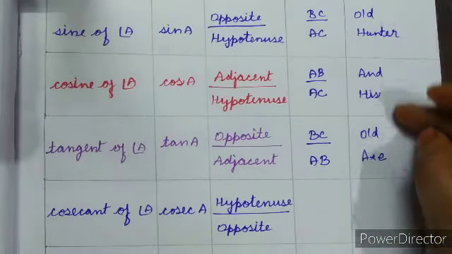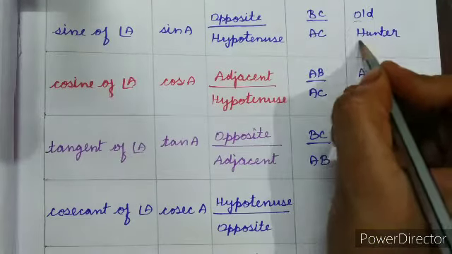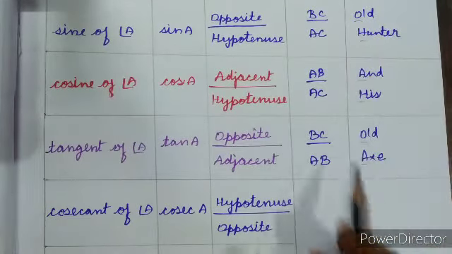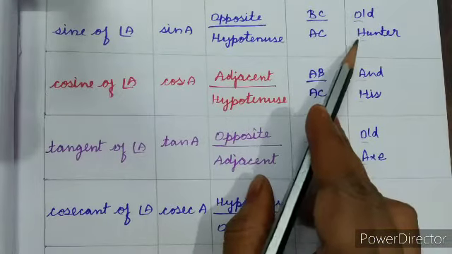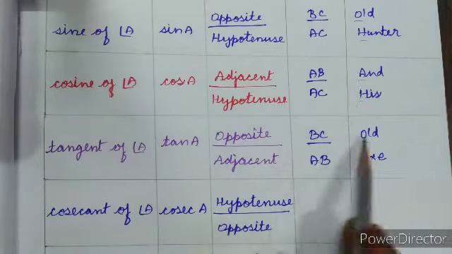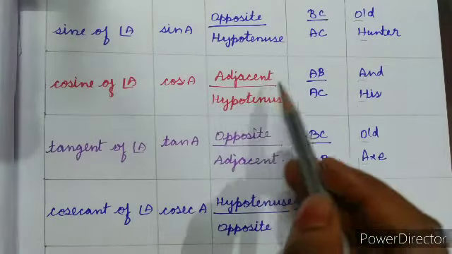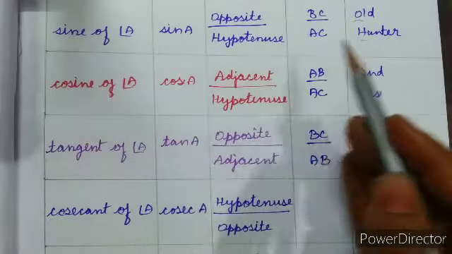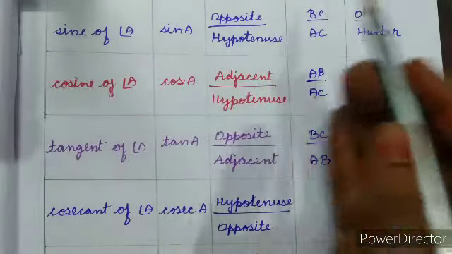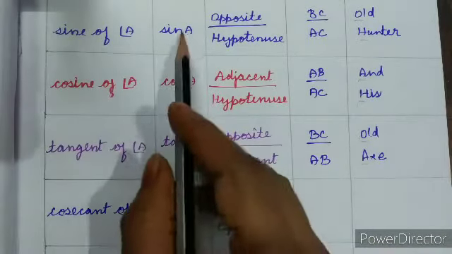You can just remember this phrase, and with the first letters you can get the trigonometric ratio values. This is opposite by hypotenuse, adjacent by hypotenuse, opposite by adjacent. Just remember the phrase, and the first letters give you the way by which you can get the ratio values easily. These three, sin, cos and tan, you have to take in order.